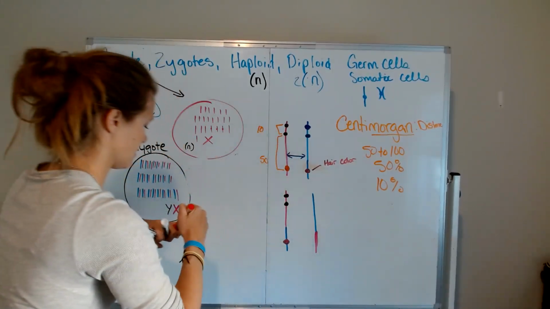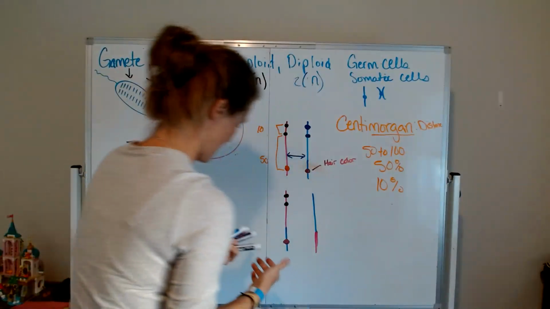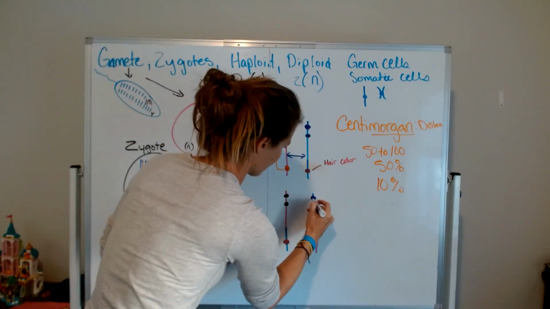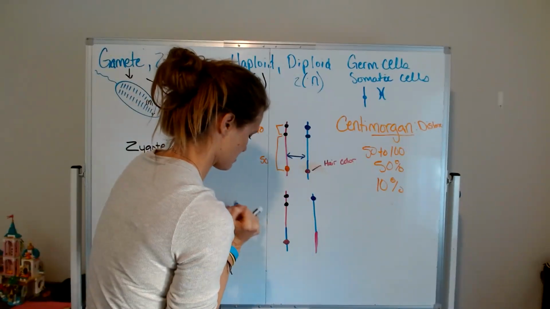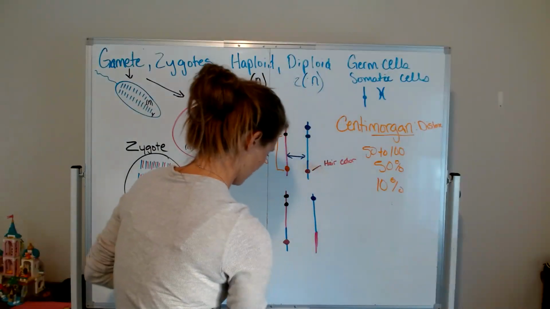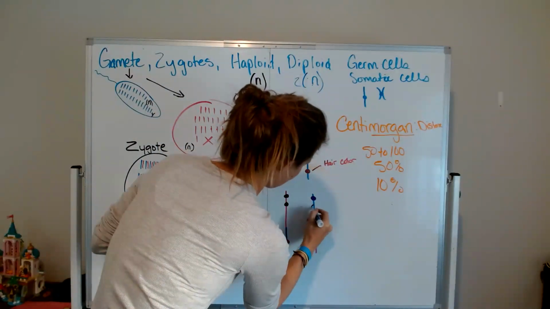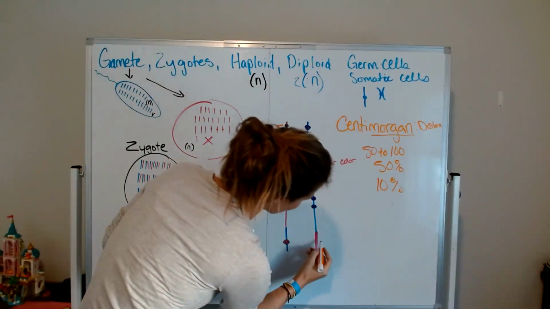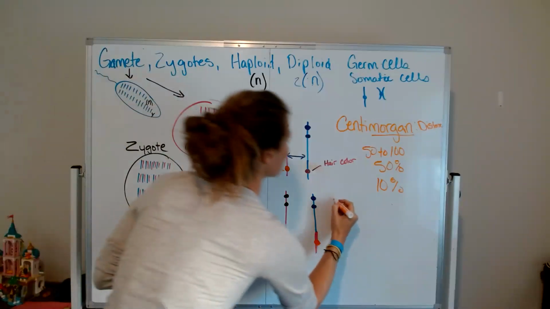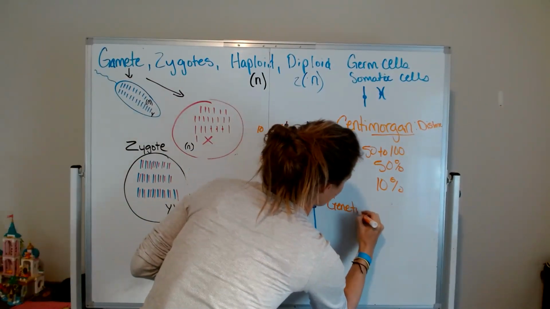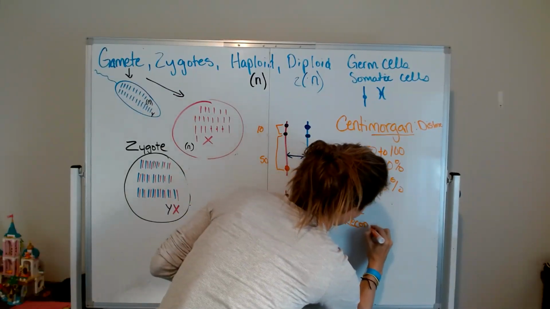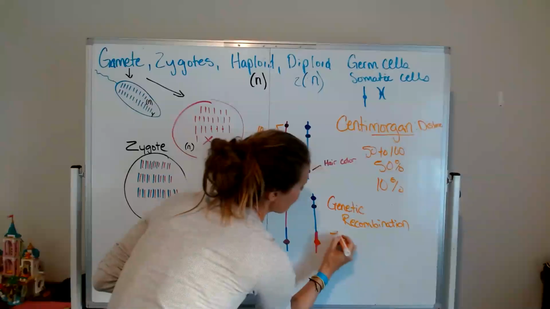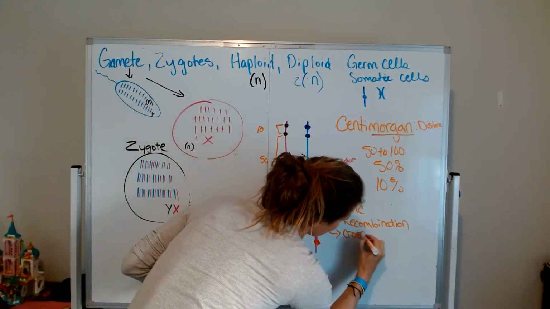So this changed. Then we look over here, we have this purple, it stayed the same. And this blue, wherever it went, stayed the same. But this orange crossed over. So you can see this genetic recombination. Genetic recombination happens from crossing over.